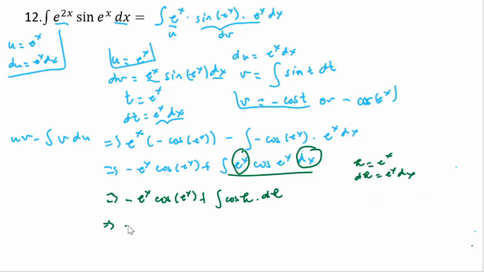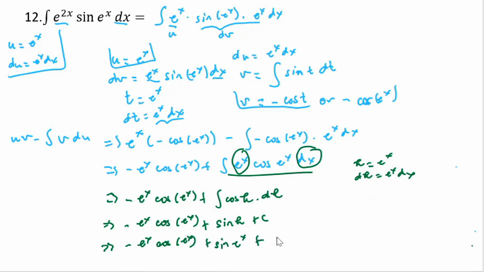So we have the negative of e raised to x cosine of e raised to x plus the integration of this, which is sine k plus a constant. But I will rewrite the meaning of k, so which is the negative of e raised to x cosine of e raised to x, which I'm rewriting only the first term, plus sine of e raised to x plus a constant.